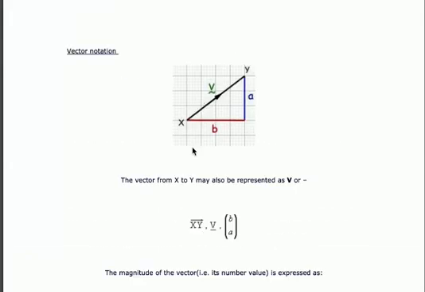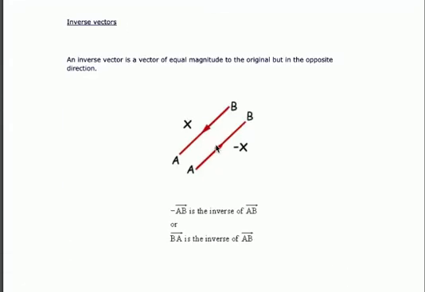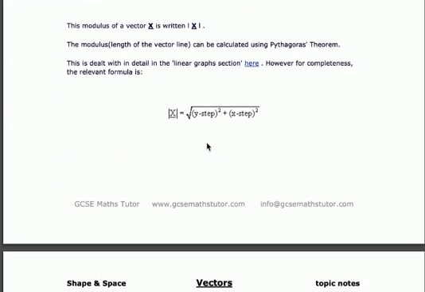As shown on this diagram, the magnitude of our vector xy can be calculated using the Pythagoras theorem, since xy is the hypotenuse of our triangle. This is a representation of the Pythagoras theorem, which you're going to use to find the magnitude of our vector.